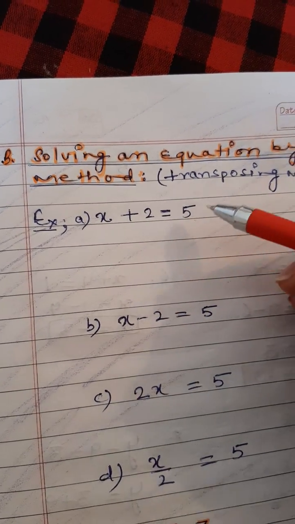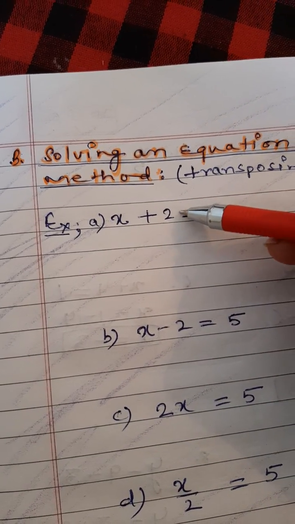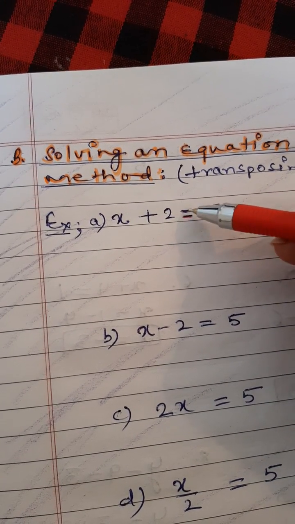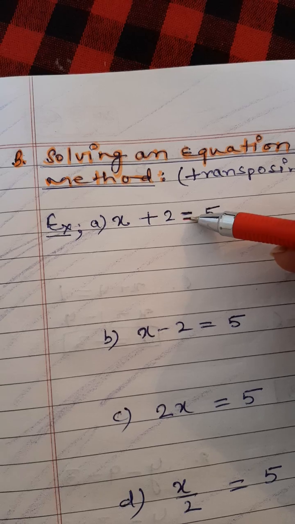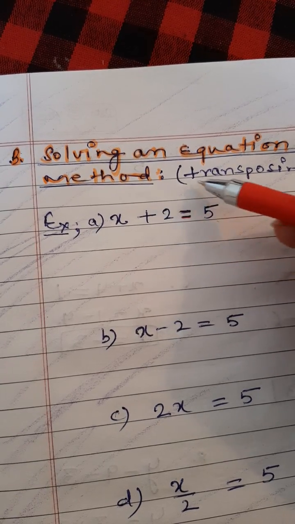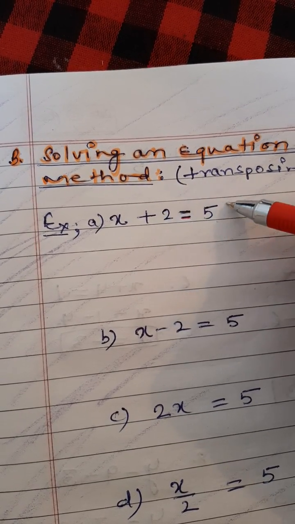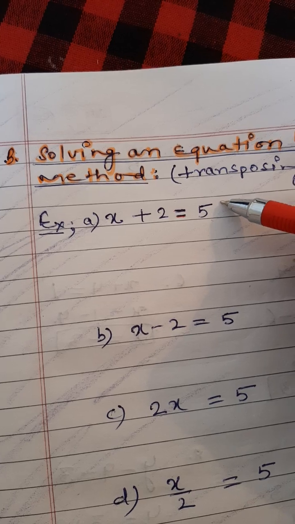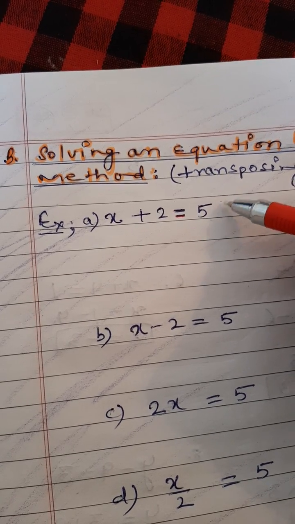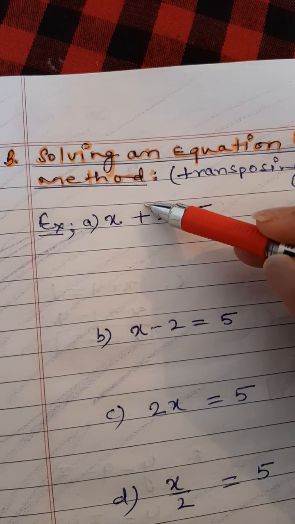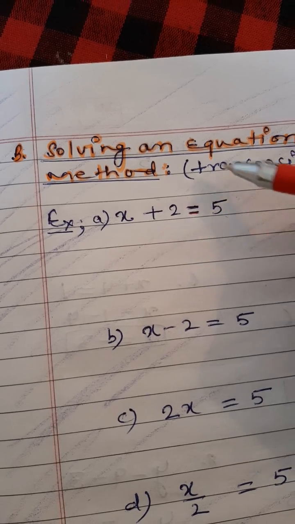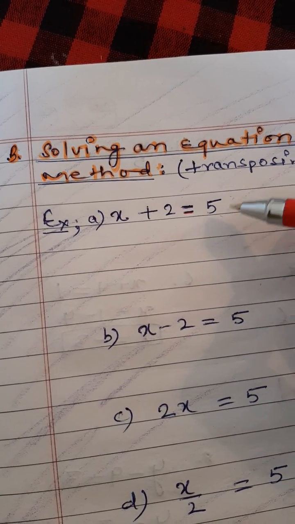What do we have to do? As I have told you, take this equal to as the bridge. You know, if you have to move things from this side to this side across the bridge, the signs will get changed, right?